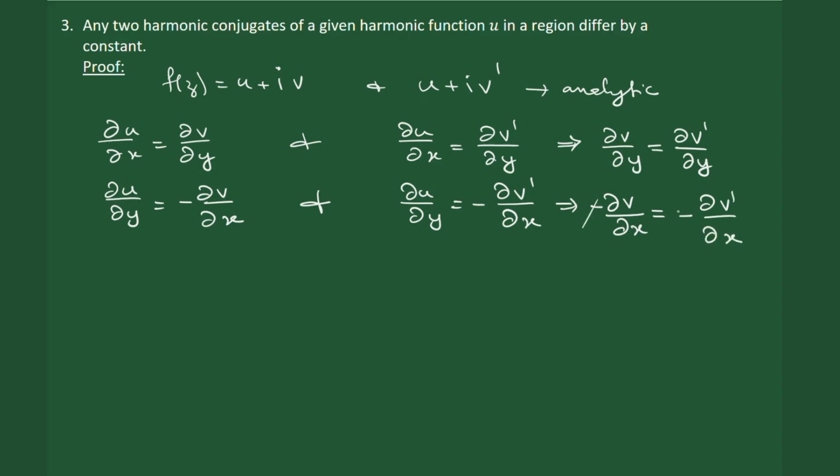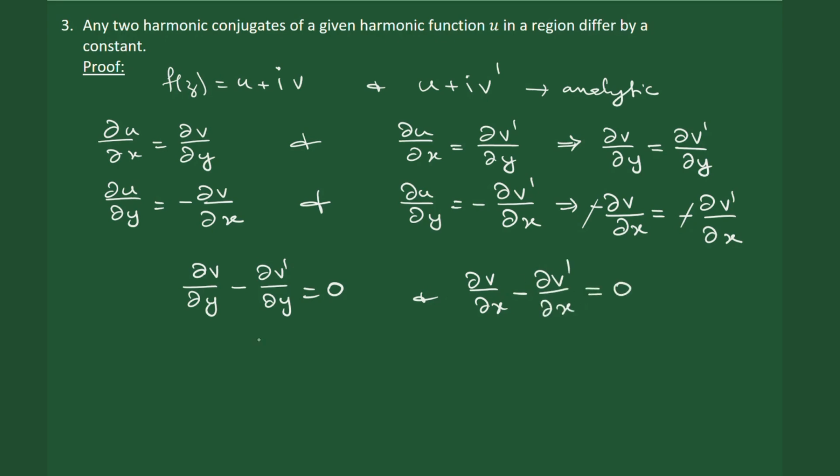Obviously we can cancel the minus signs; both are the same. So dou v by dou y minus dou v dash by dou y is equal to 0. Similarly, dou v by dou x minus dou v dash by dou x is equal to 0.